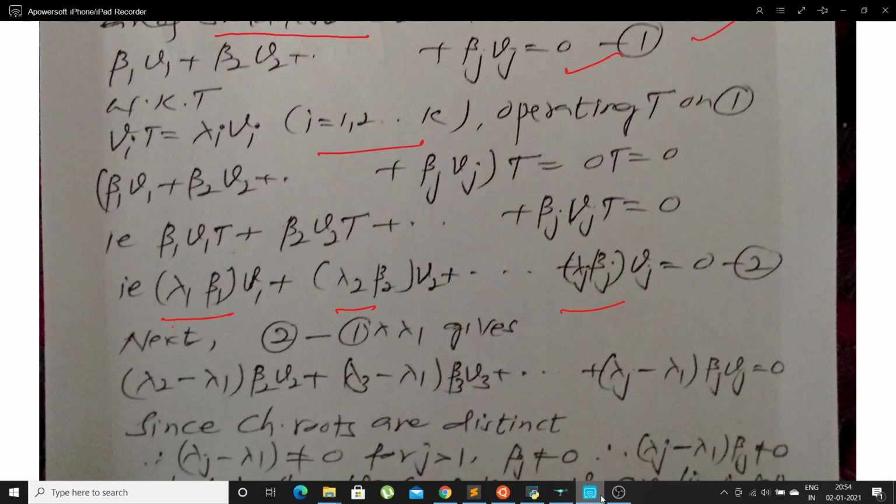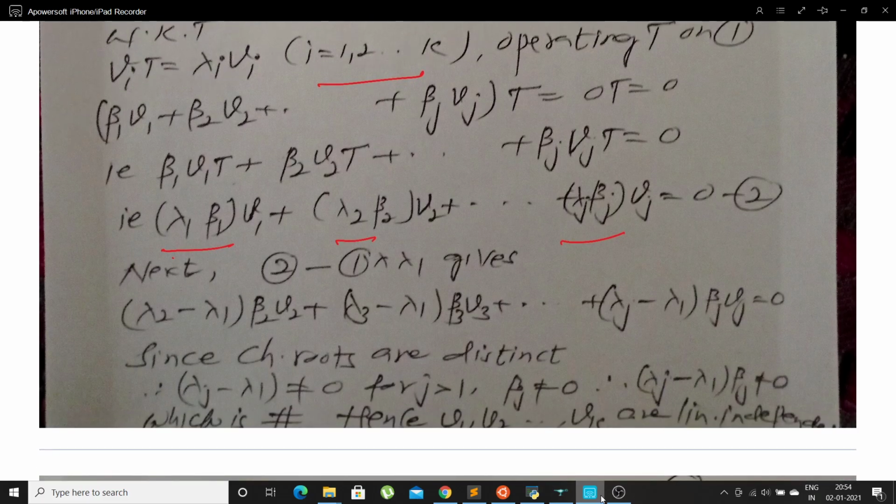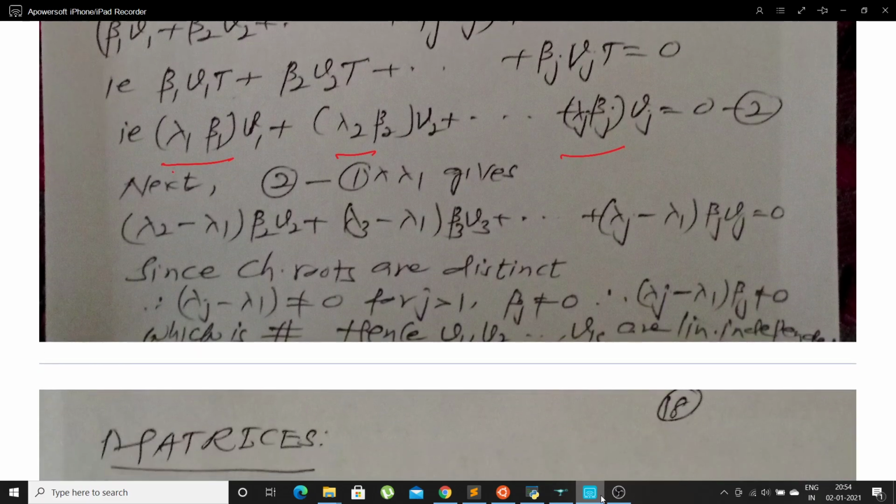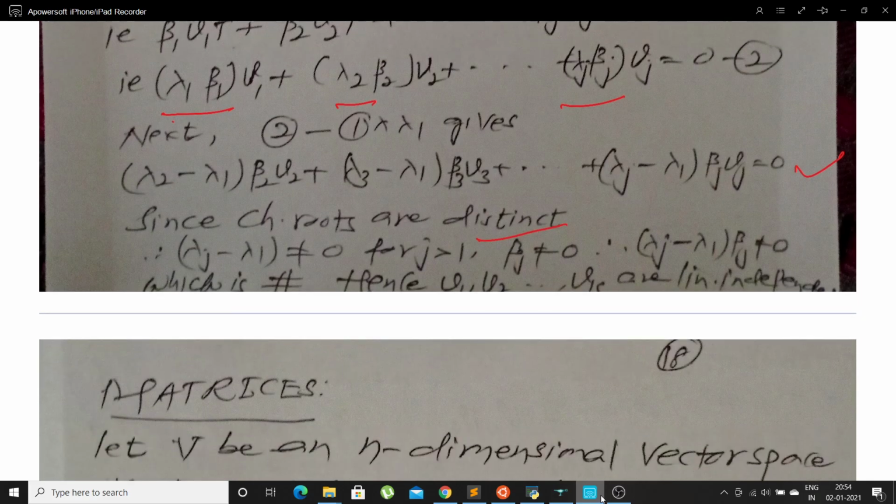What do I do now? Second result minus what? I will multiply the first result by lambda 1 and simplify. We get an expression of this type. Since all the characteristic roots are distinct, that means they are different, lambda j minus lambda 1 is not equal to 0 for all j greater than 1.